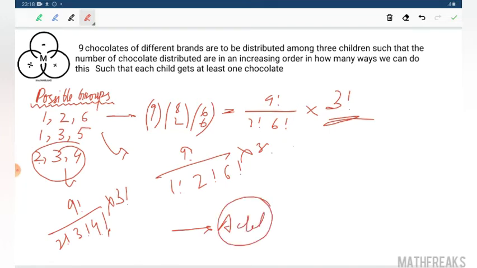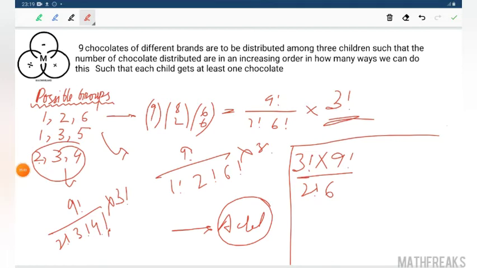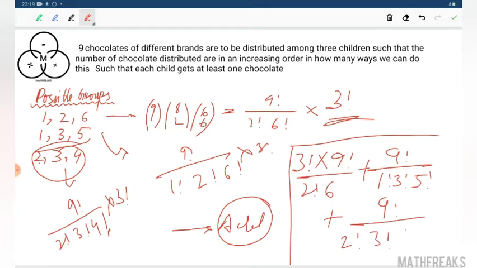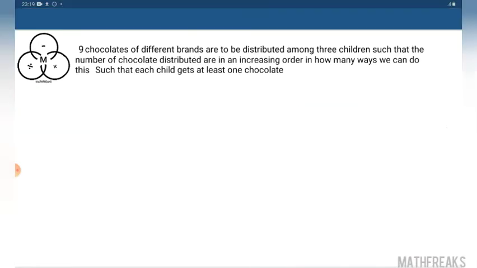Now we will just add them up. 3 factorial into 9 factorial over 2 factorial, added with the second case 9 factorial over 1 factorial, 3 factorial, 5 factorial, added with the last case 9 factorial over 2 factorial, 3 factorial, 4 factorial, multiplied by 3 factorial. So this will give us the total value.